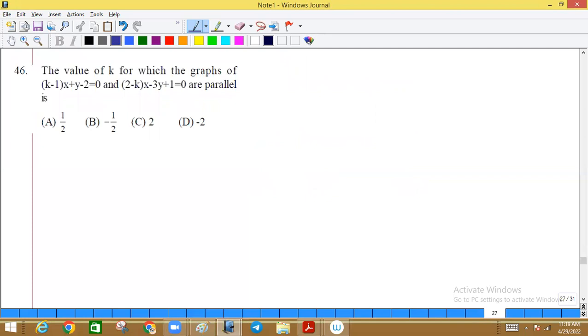Value of k for which the graphs are parallel. If two graphs are parallel, we know that a1 by a2 is equal to b1 by b2. What is a1? k minus 1 by 2 minus k, 1 by negative 3.